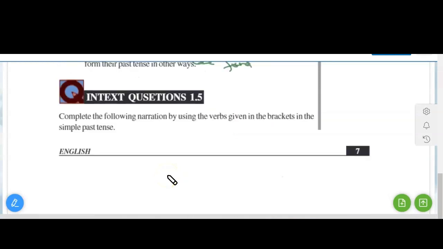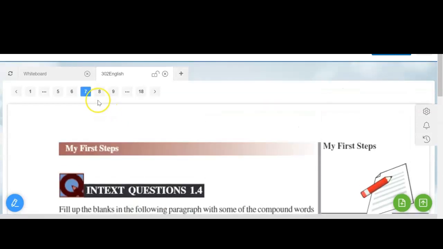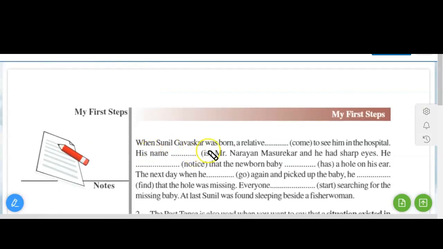Next one is in-text question 1.5. Complete the following narration by using the verbs given in the bracket in the simple past tense. When Sunil Gavaskar was born, a relative, the word come is given, use it in its past. It is came to see him in the hospital. His name, use the past form, was Mr. Narayan Masurkar and he had sharp eyes.